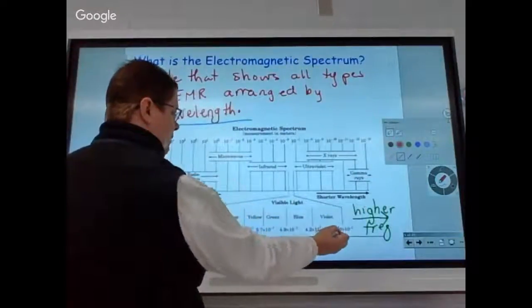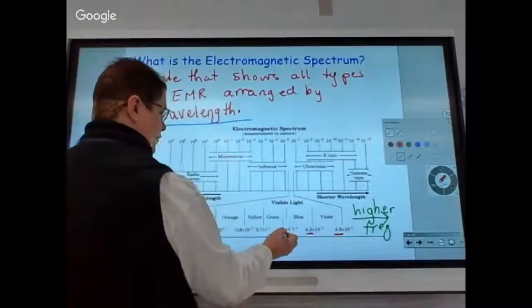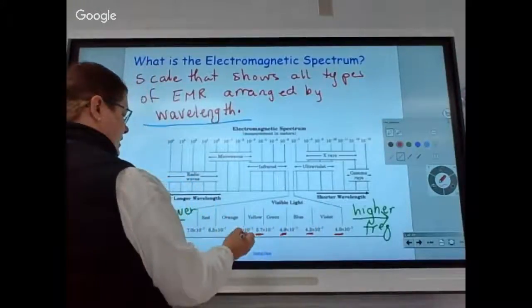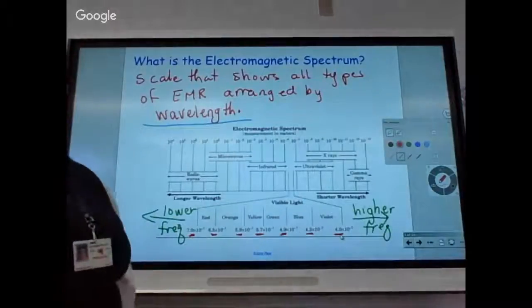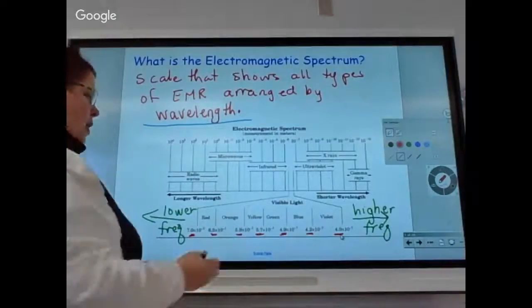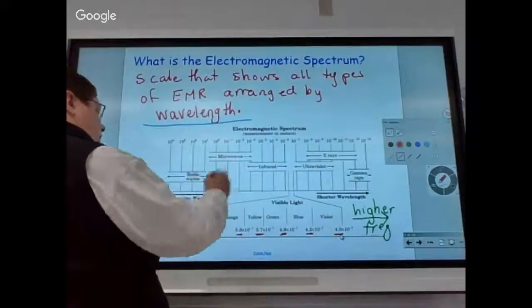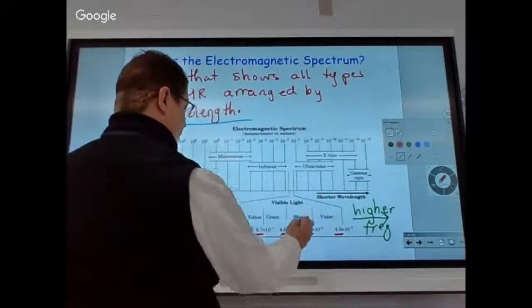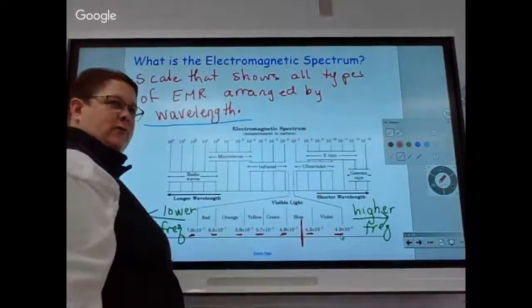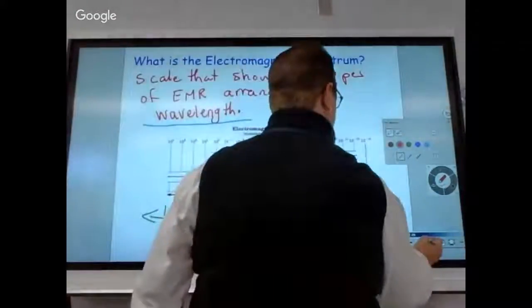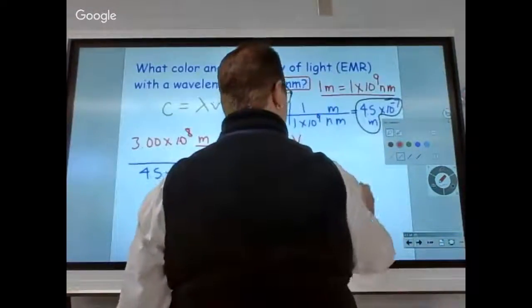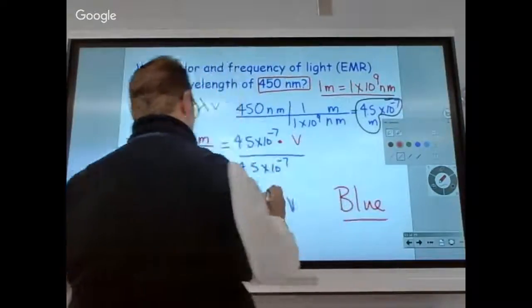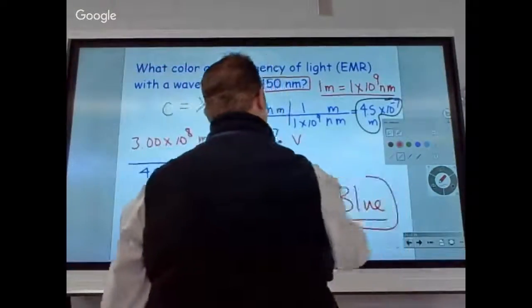It's a number line: 4.0, 4.2, 4.9, 5.7, 5.9, 6.5, 7.0. You guys had 4.5, right? So where's 4.5 fall on this number line? Blue. So the color would be blue. So those would be your 2 answers.